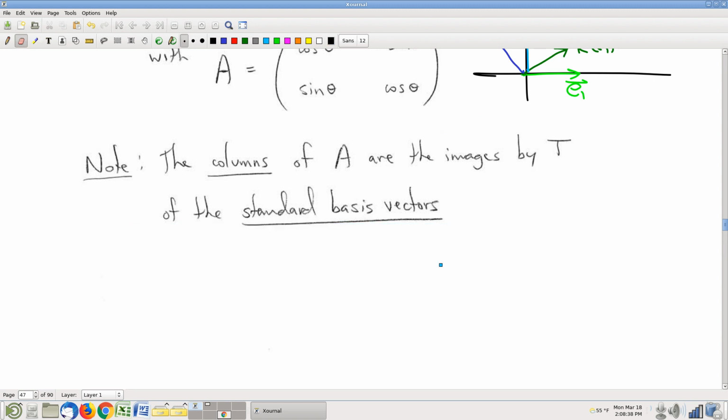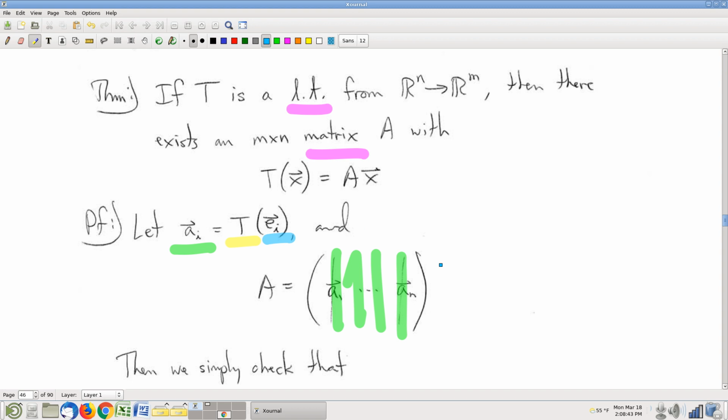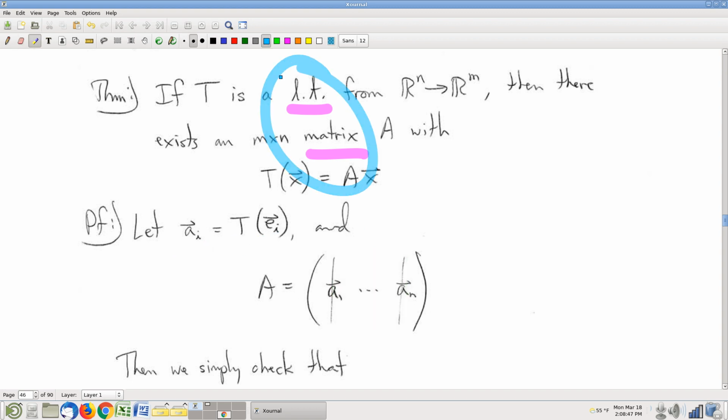Okay. Now this does bring up an awkwardness, though. We've just got through observing that in this context, Rn to Rm, if you give me a linear transformation, there is a corresponding matrix, and if you give me a matrix, then there's a corresponding linear transformation. Here's the awkwardness. We just got through defining a multiplication on linear transformations, with that whole thing with compositions back in early 5.2.